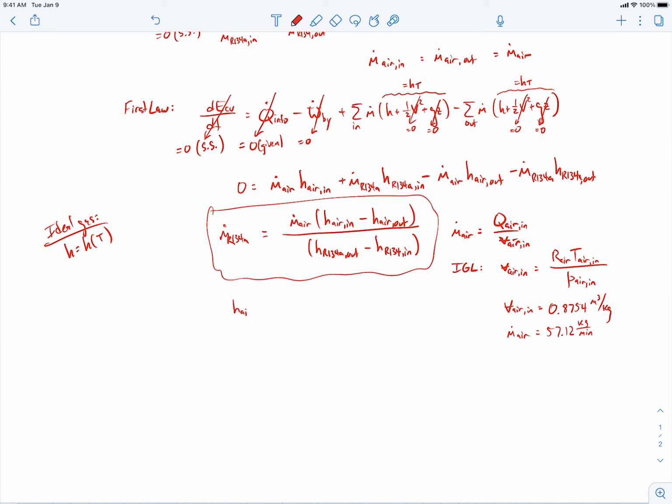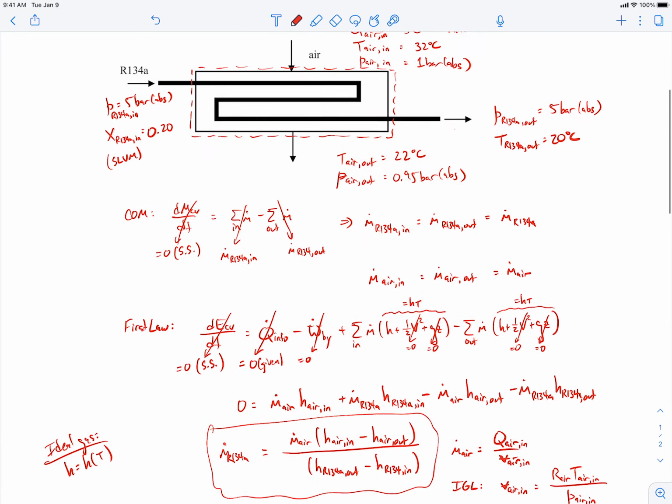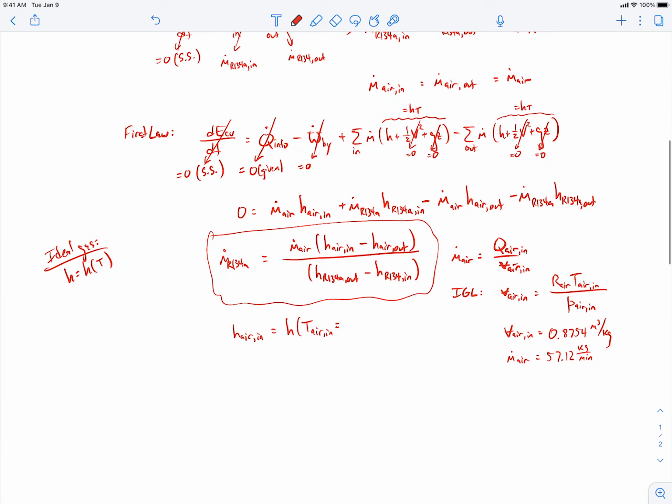So the air specific enthalpy coming in will be the specific enthalpy of the air at the given temperature of 32 degrees C. You'd want to convert that over to Kelvin, but you can do that, and you'll find that this comes out to be 305.2 kilojoules per kilogram, and you do the same thing for the air going out.